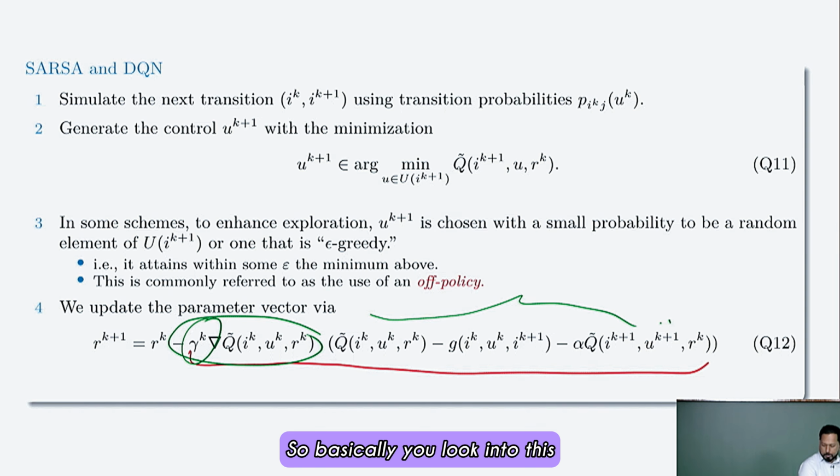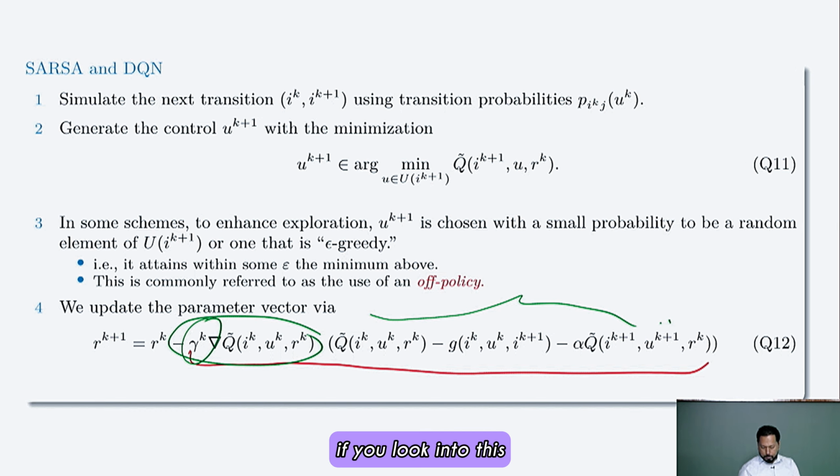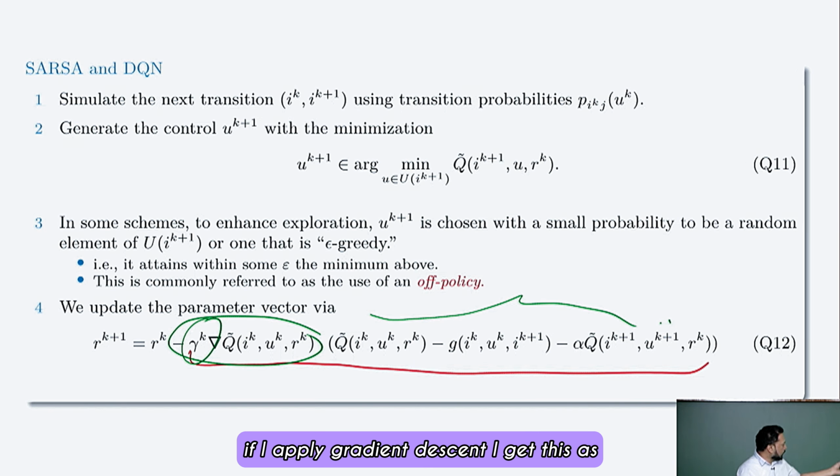so basically you look into this and take a square of this. The whole idea now is: what is the loss function such that if I apply gradient descent, I get this as an update rule?